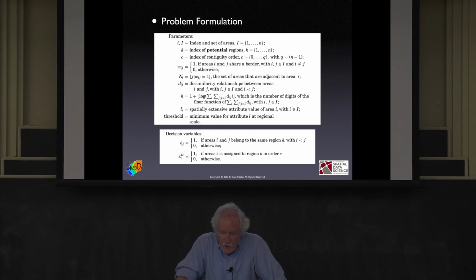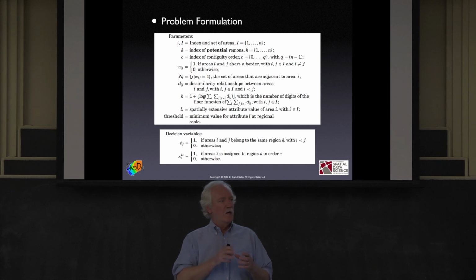The key one is xkc sub I, and you see there's 3 indices there. So for every location I, this is 1 if this area is assigned to region K, where K is one of the clusters, at the order of contiguity C. That's kind of the tricky part. So that's how we enforce the contiguity, is that we only allow one order of contiguity cluster set.